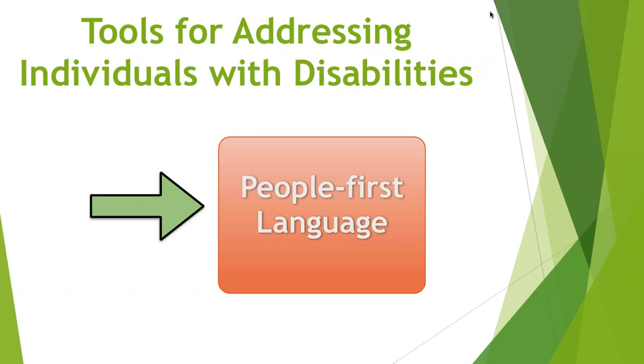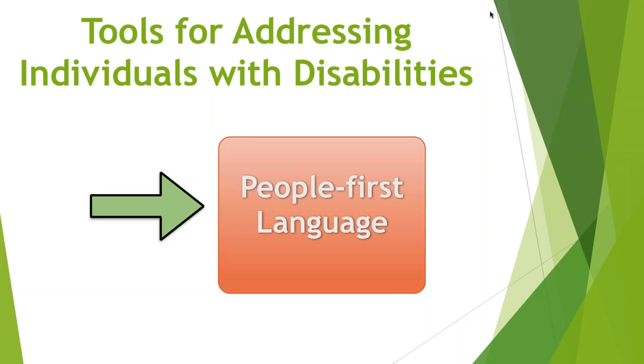I think the other piece of using people first language is that idea of disability as a disease rather than a difference. And this is something that is debated, but I think the disability advocacy community would say that disability is about differences in how we navigate the world, differences in how we interact with people, differences in how we process information.